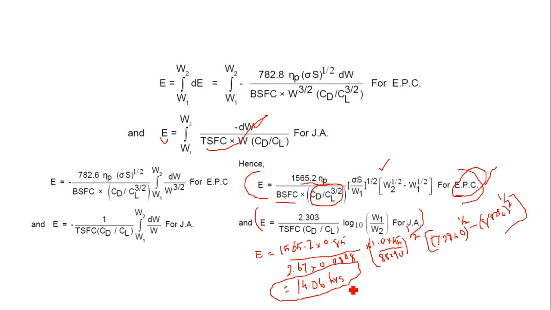The remaining things also I substituted and found the exact value. The formula becomes like this. Or else you can use the same thing here also, there it will be CT, the specific fuel consumption. Here it is somewhat different. This is how we need to solve the range and endurance formulas.